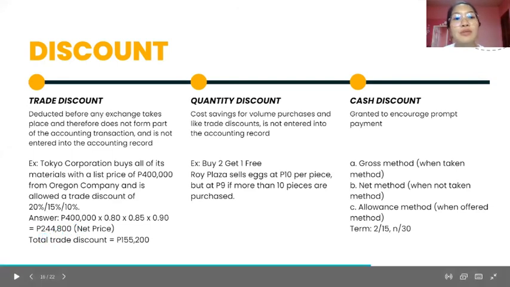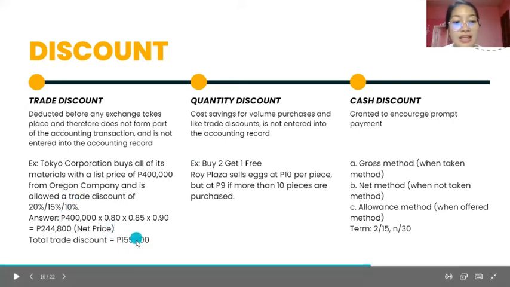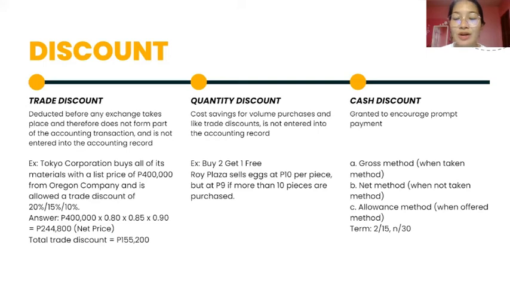So, sa entry nimo, ang debit kay materials, credit kay accounts payable with 244,800. So, dili na ni mag-appear ang trade discount nga 155,200. So, please read kay basin malipat mo ba.